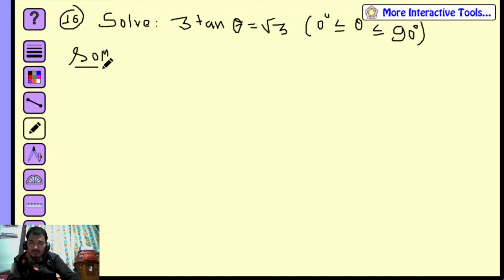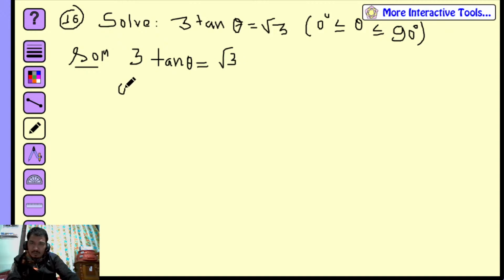Write solution here, and write this side 3 tan theta equals to root 3.